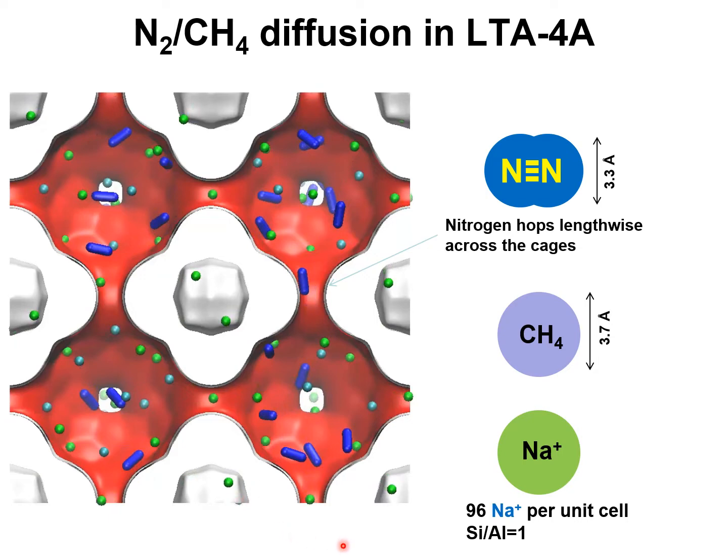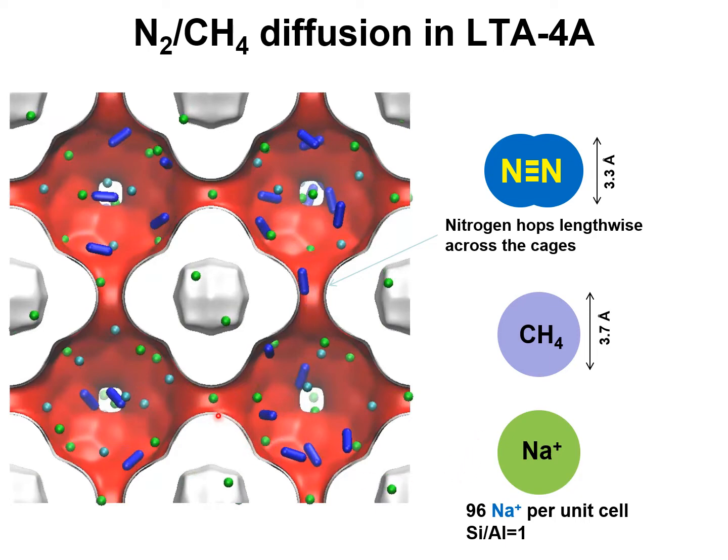in the animations. Firstly, note that the blue-colored guest molecules are nitrogen. The green-colored spheres are the sodium cations, and the cyan-colored spheres are the methane molecules.